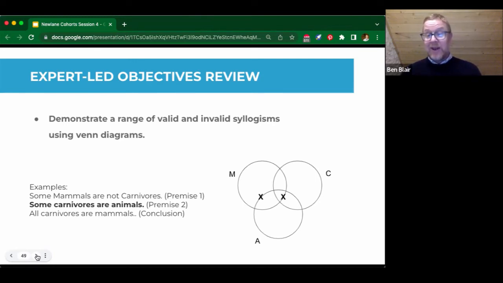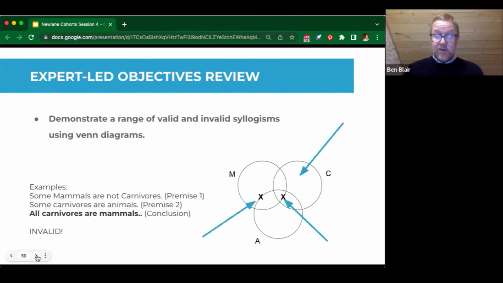Now I'm going to put it in the C circle, somewhere at the intersection of C and A, but I also don't know if it should intersect with C, M, and A. So I'm going to put it somewhere at the intersection of C and A, but it could be only C and A, or it could be C, M, and A. So I put it there.